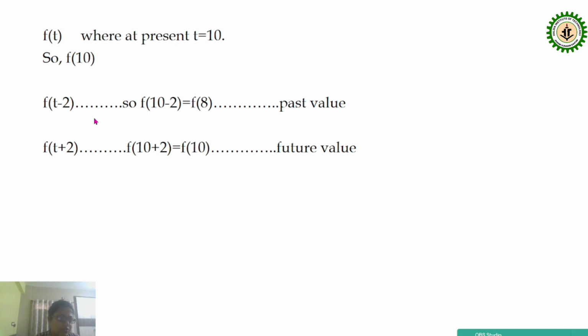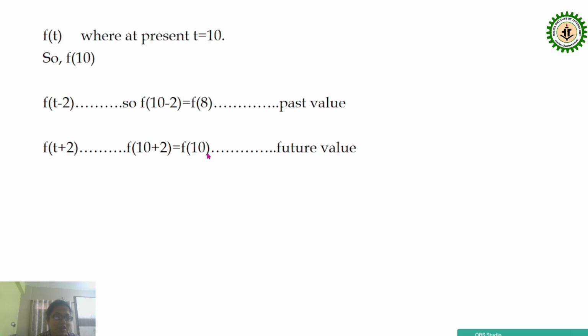This is the reason, the past value means it is already delayed. So we represent the delayed signal by f of t minus T. In the same way we represent the advanced signal, or the future value, by f of t plus T. When I write t plus 2, it becomes f of 12.